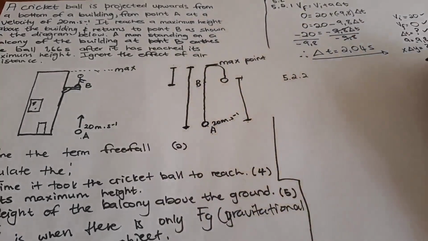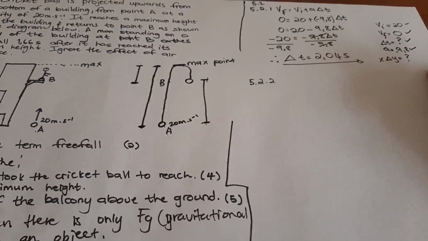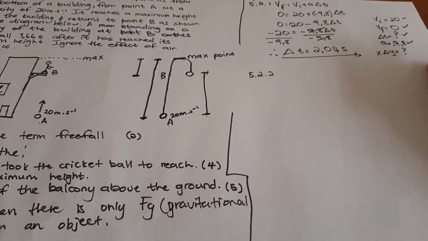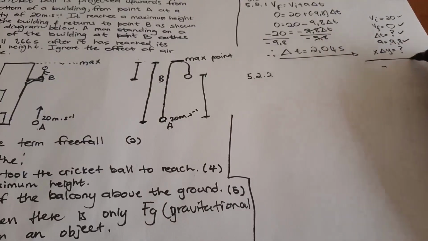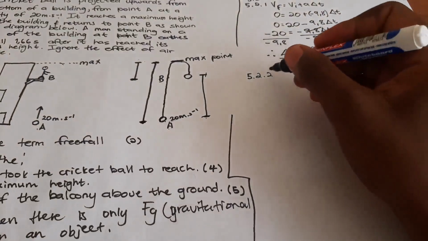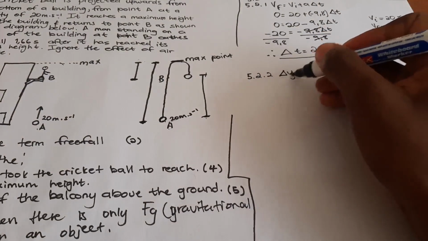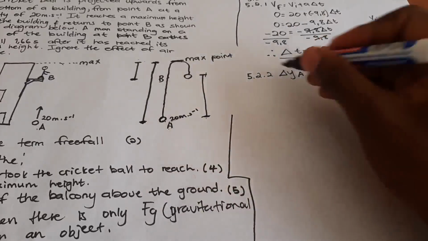Hope everyone can see. Let's say initial velocity is equal to 20. The final velocity is... we are going to first calculate the change in y from point A to the maximum.